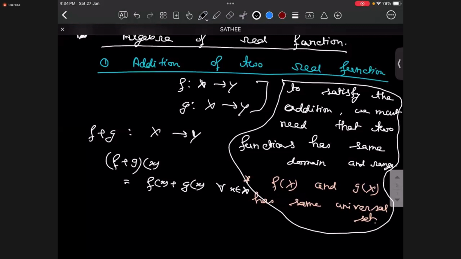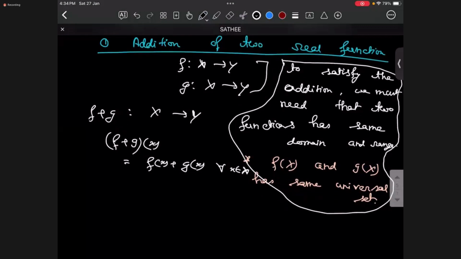Now, how can we define subtraction? Once we have defined addition, it is very easy to define subtraction.